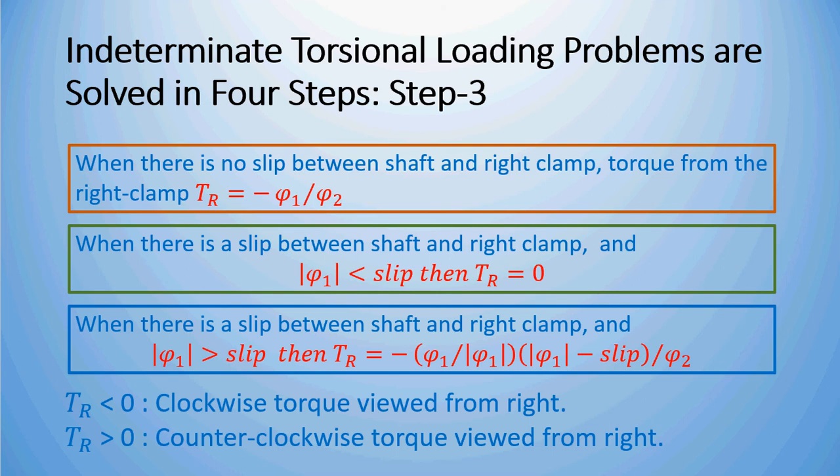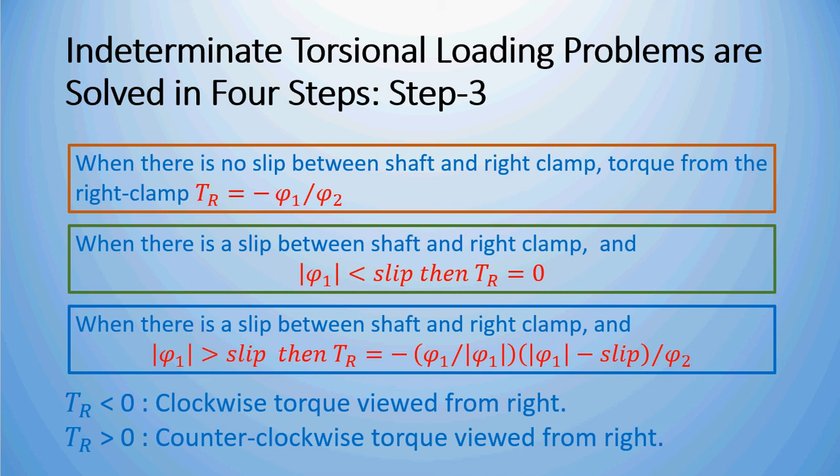If it's less than, this means that the shaft isn't actually going to twist enough to even engage that right clamp. And so there is no reaction in the right clamp. You can ignore it, it's just not doing anything, and you can just solve as a standard determinate problem, which you basically already have because you've already solved for that net twist in step 1.